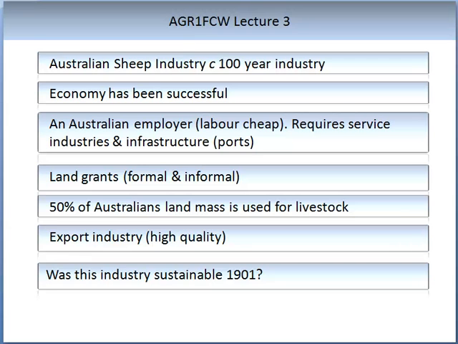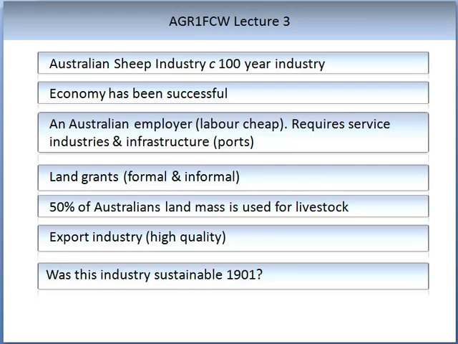About 50% of Australia's landmass is used for livestock, and therefore it can be reasonably argued that it is an important environmental farming enterprise to consider for this reason. Assuming that the industry started in about the 1840s, once you hear this overview of the industry, you can ask yourself a question: was this industry sustainable in 1901?